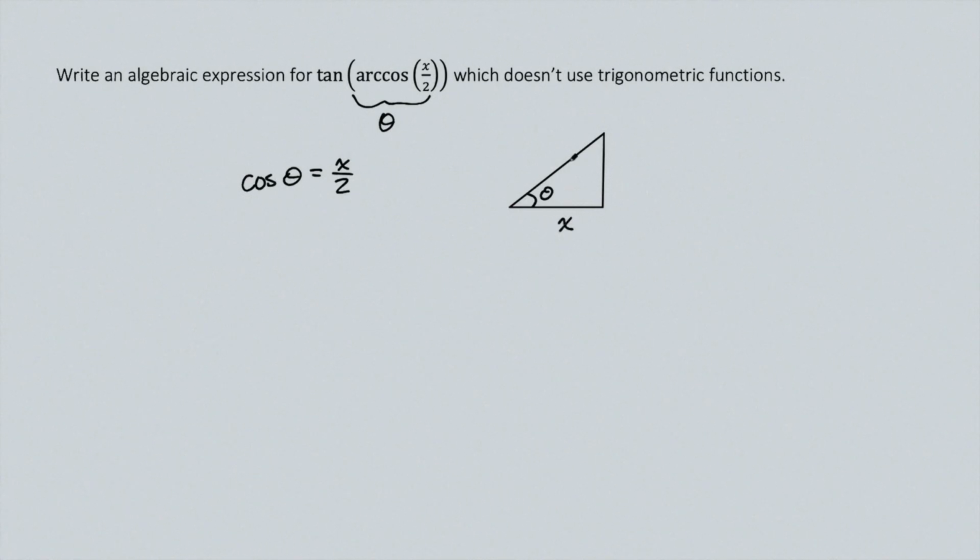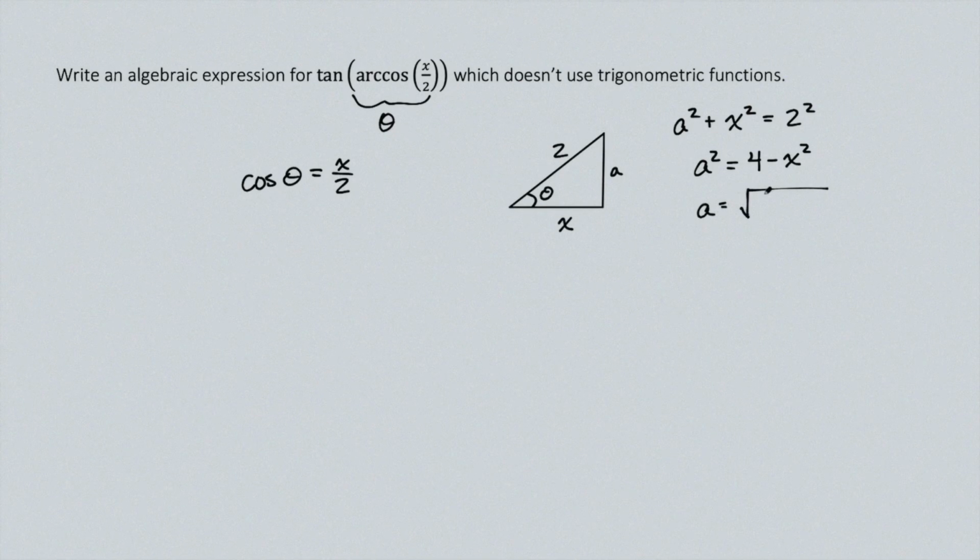So we can do adjacent as x and hypotenuse as 2. And then we can solve for this other side. I'll call it a, and then use the Pythagorean theorem. a squared plus x squared equals 2 squared. And then I can solve for a. So a squared equals 4 minus x squared, and then take the square root. So a equals the square root of 4 minus x squared.